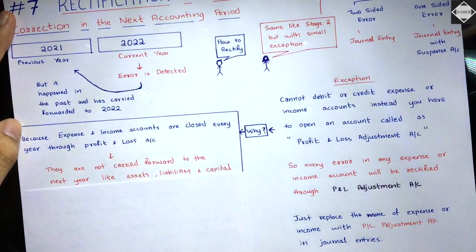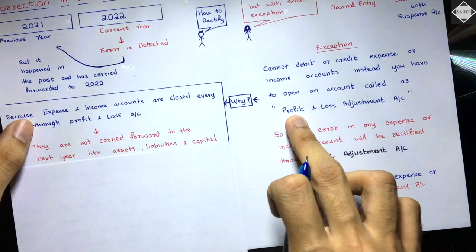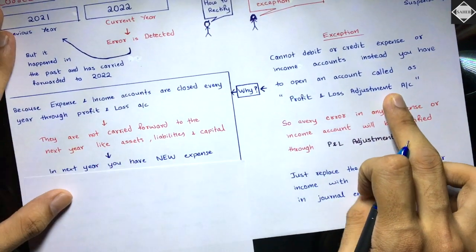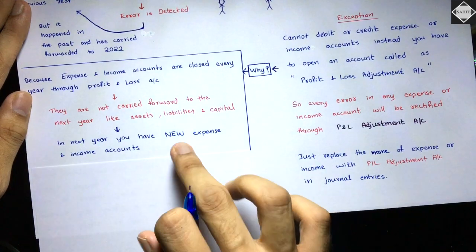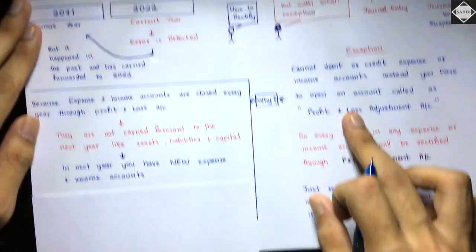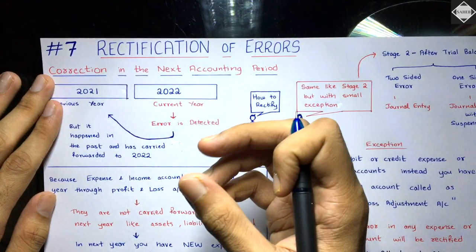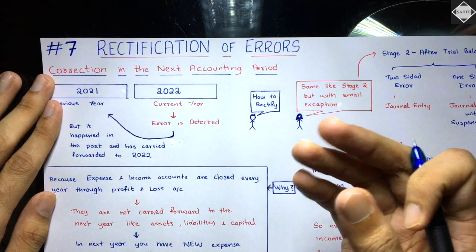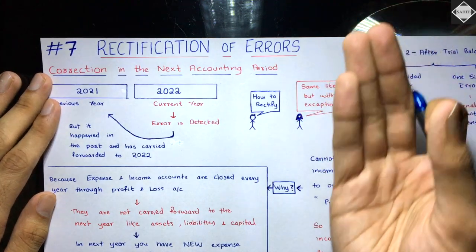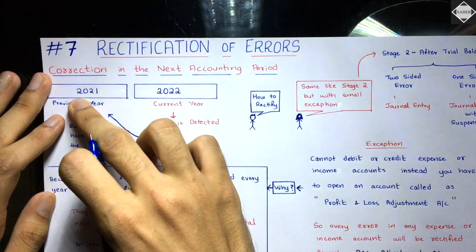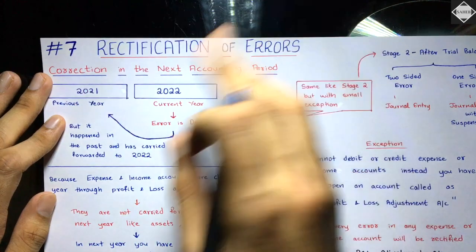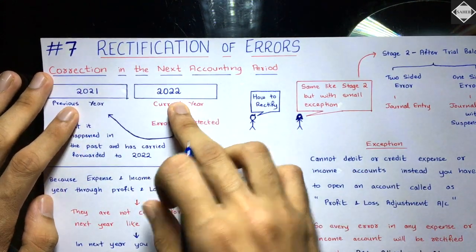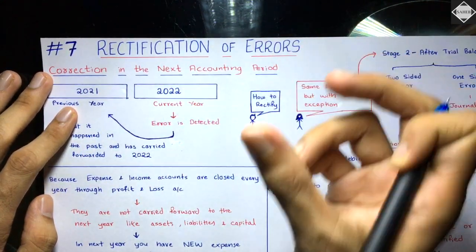Is that clear? So what we have to do is make use of this profit and loss adjustment account. See here, in the next year you have new expense and income accounts. In 2022 you will have a rent account with zero balance. It will start with zero balance. It's not like an asset or liability account. If you had a furniture account of, let's say, 50,000 after charging depreciation at the end, then in the next accounting period the furniture account will also be there with 50,000.